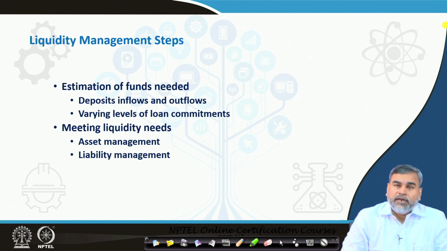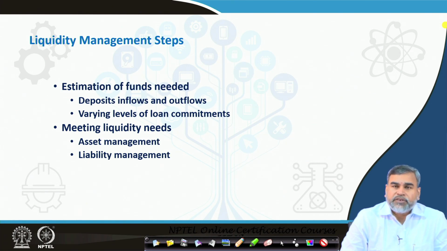All of you know that whenever you go for the estimation of the funds needed for the liquidity, we have major factors responsible for this: the deposit inflows and outflows and the varying levels of loan commitments, how much loans have been paid, how much repayment is made, as well as the probability of loans going to default.